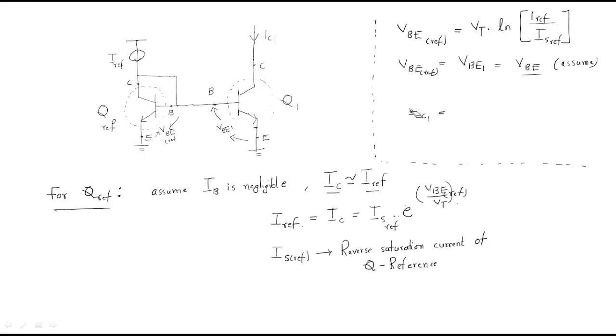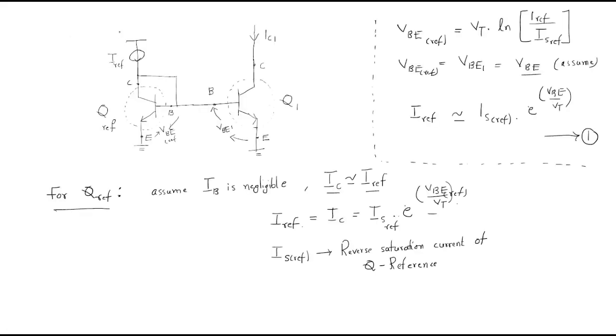Just write this equation: from this, I reference is approximately equal to IS reference times exponential of VBE by VT. Take it as the first equation.